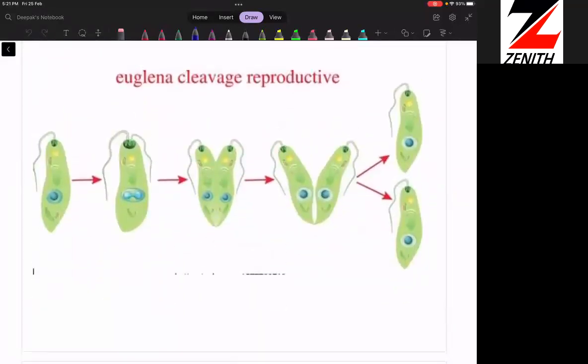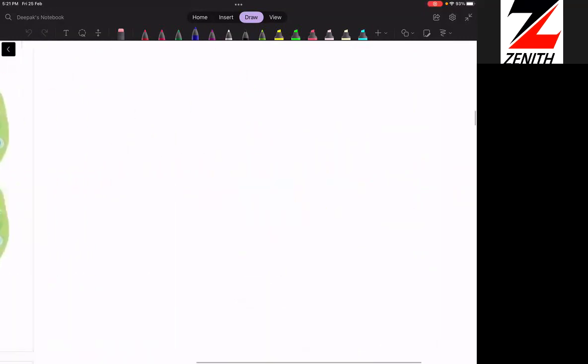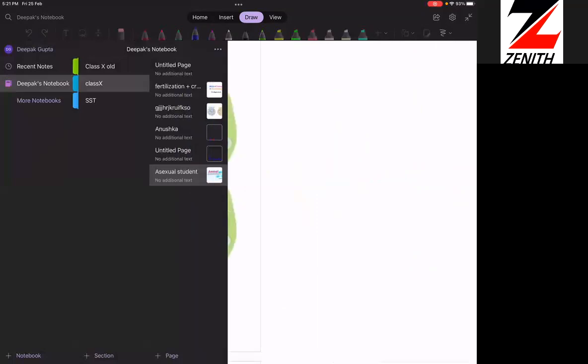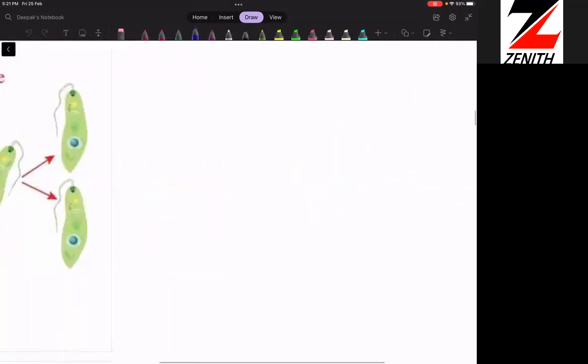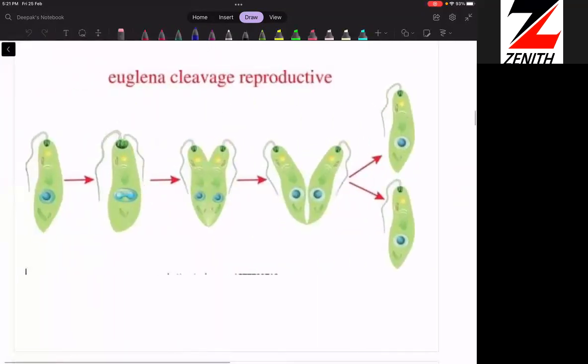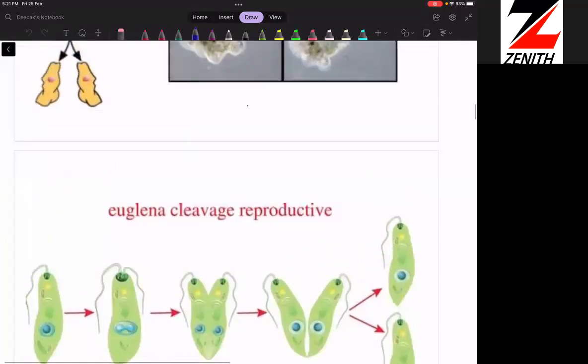This binary division takes place separately in different organisms. Let me first show you, then I'll write down. In case of amoeba, it is slightly spherical in shape. It has got certain volume also, and it divides into 2 parts spherically.